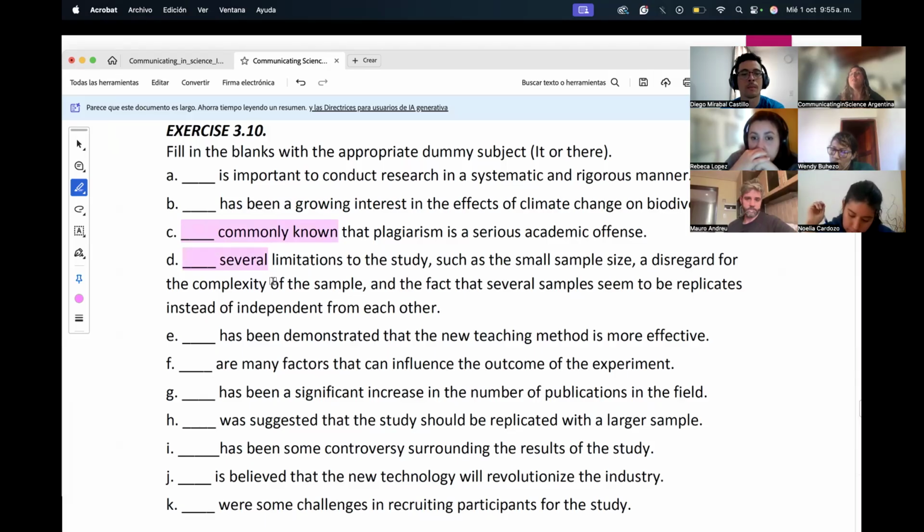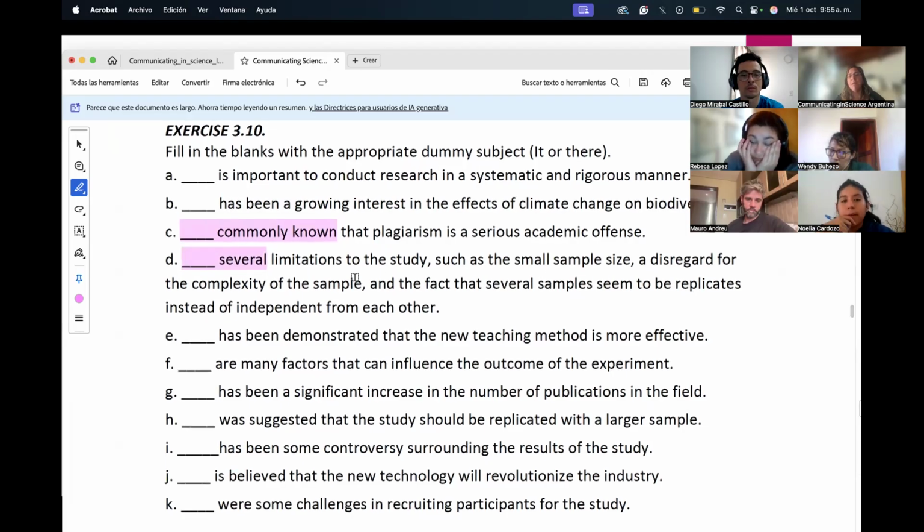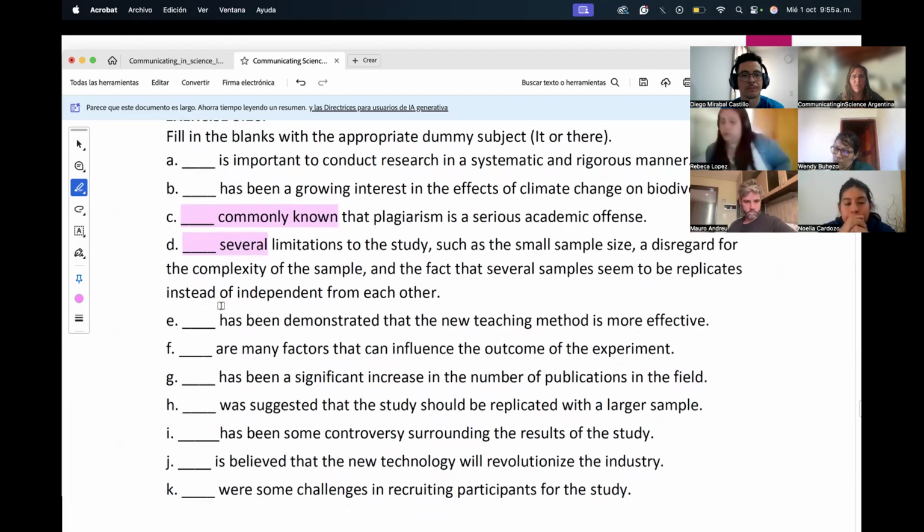There are several limitations to the study. We are not going to read the whole sentence. "There has been demonstrated" or no? It has been demonstrated, ha sido.